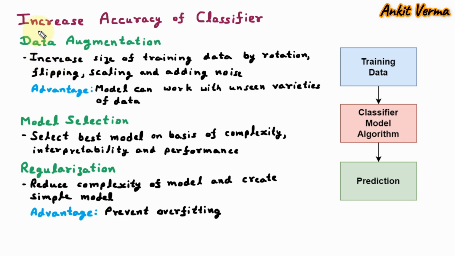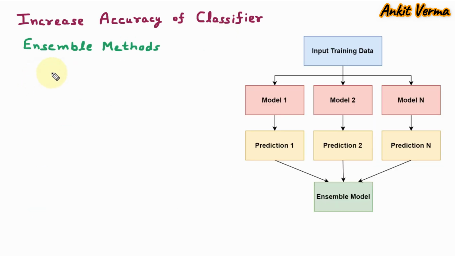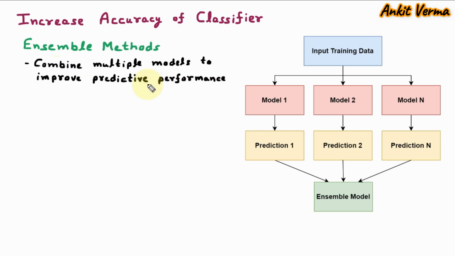Now the next technique to increase accuracy of classifier is ensemble methods. Ensemble methods combine multiple models to improve predictive performance. In the diagram we can see that we have input training data. This is divided into different parts. Each part is given to the different model.